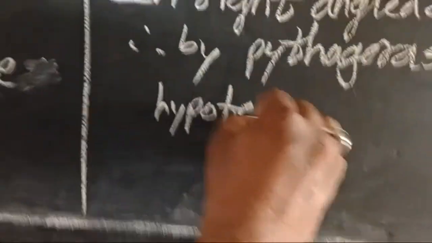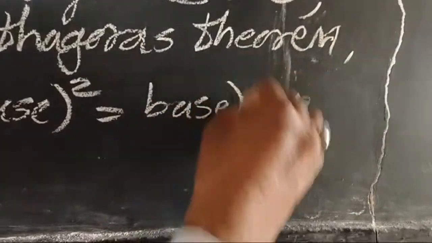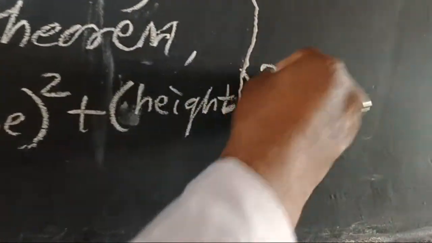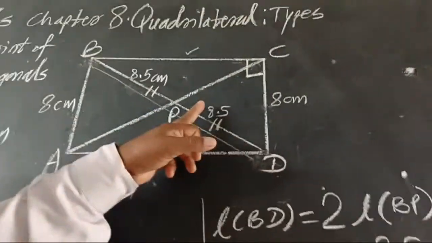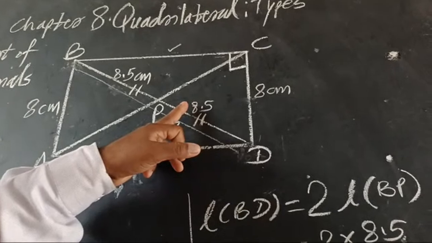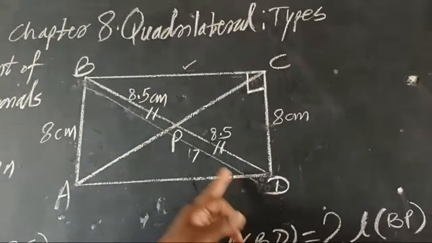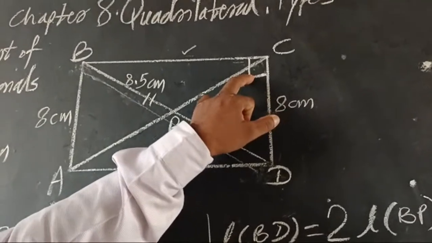Good. Hypotenuse square is equal to base square plus height square. Therefore, tell the hypotenuse in that figure. Which side is hypotenuse? Side BD is the hypotenuse. Why? The side opposite to 90 degree is called the hypotenuse. Therefore BD is the hypotenuse.